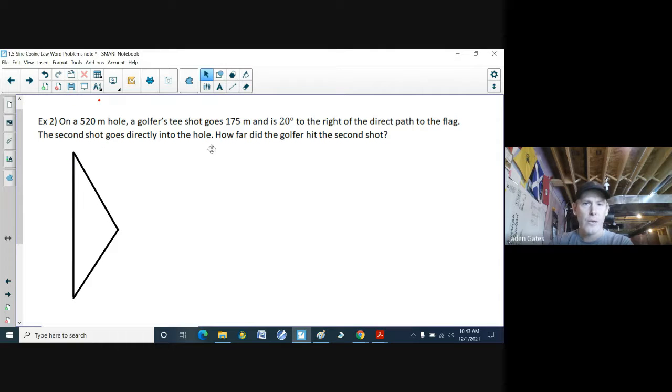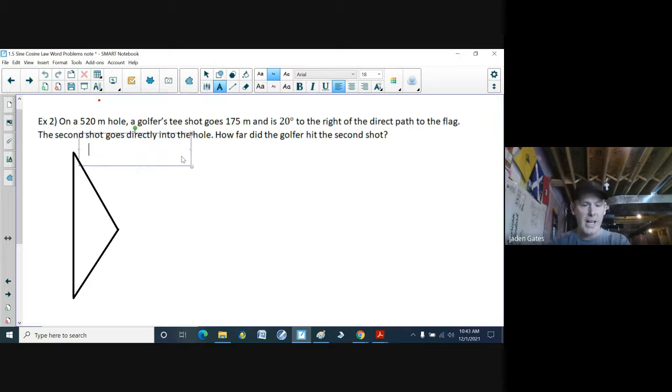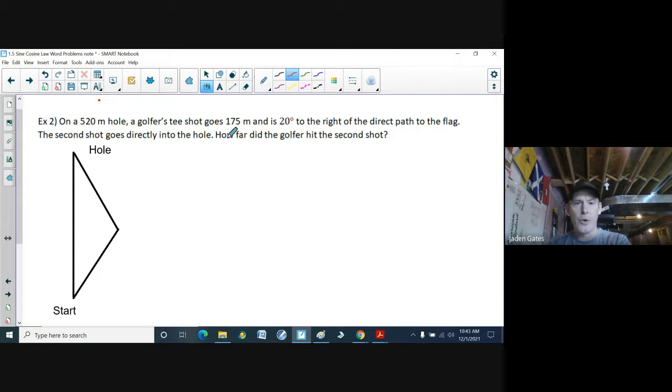All right, so I'm going to label this a little bit here. So here's our flag, or the hole, I should say. And here's our start down here. Now, what else we got here? So it's a 520-meter hole. So that's telling me this distance from the start to the hole here is 520 meters.